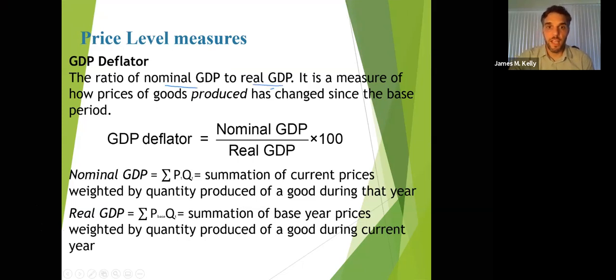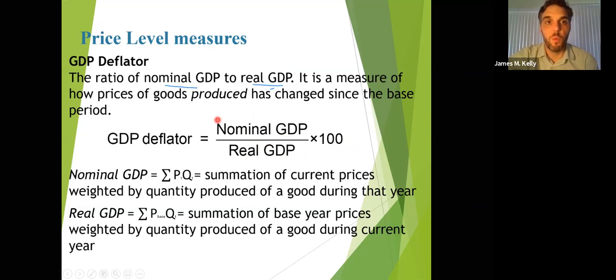You're taking nominal GDP, dividing through by real GDP, finding the ratio, and then multiplying it by 100.